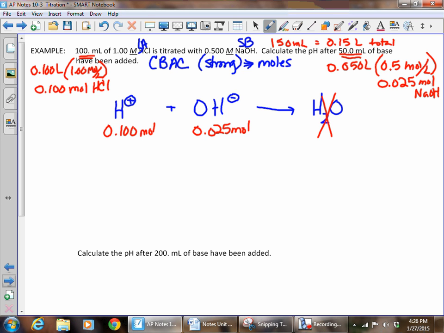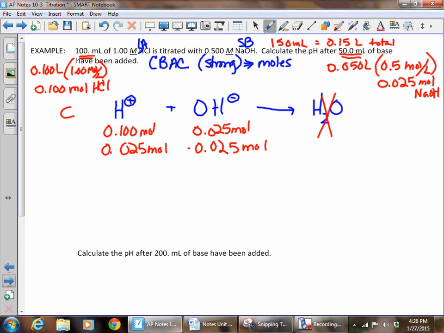So now we have everything set up. And when this reacts, remember, we're going to find the substance that's going to be used up first, and that's going to be our OH minus in this case. So we're going to subtract off this amount from both.